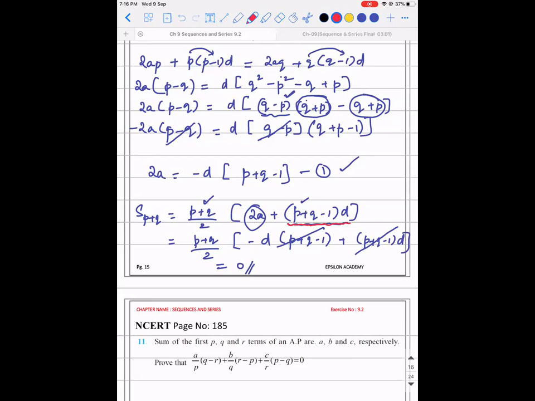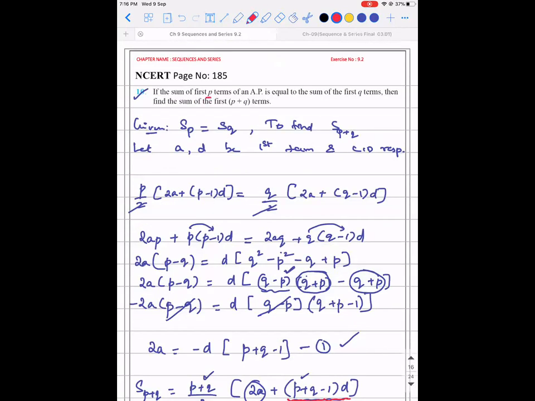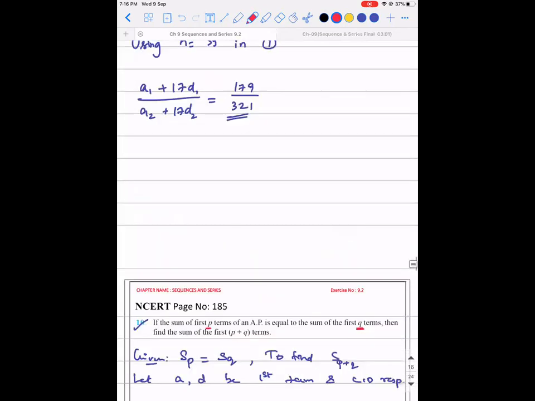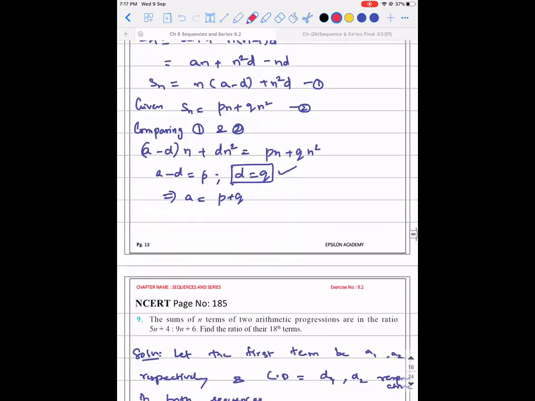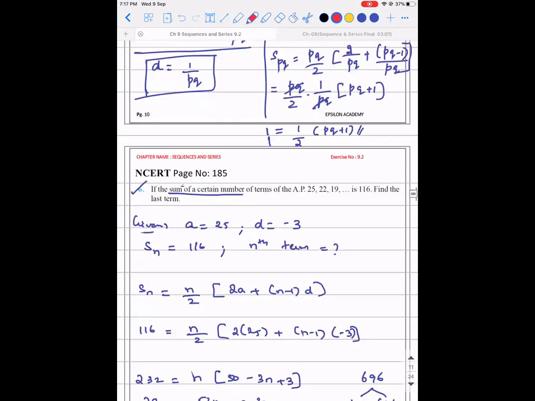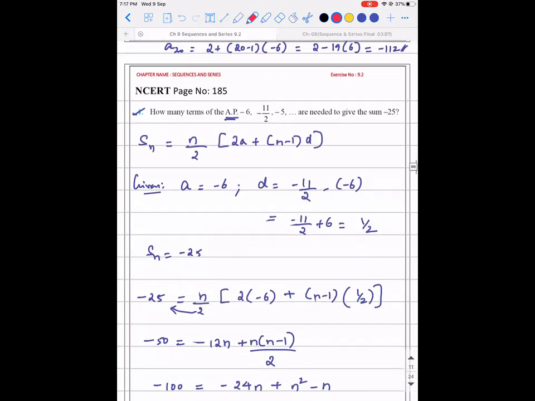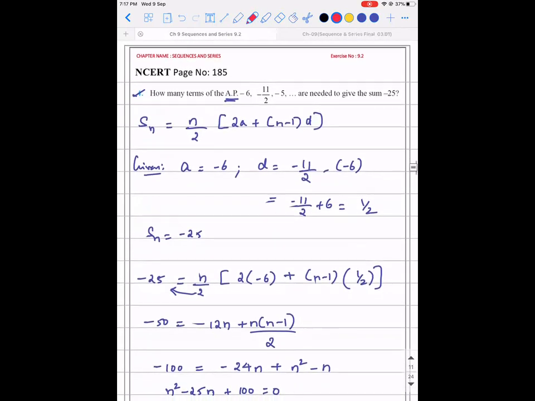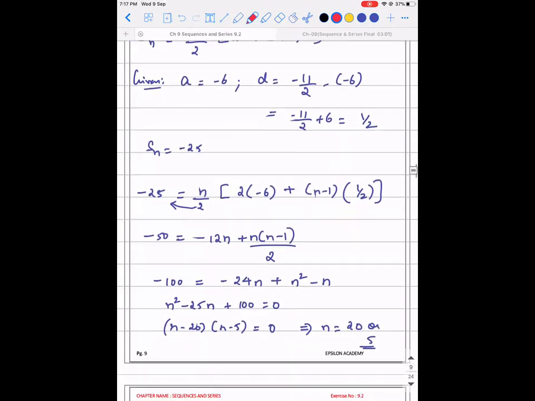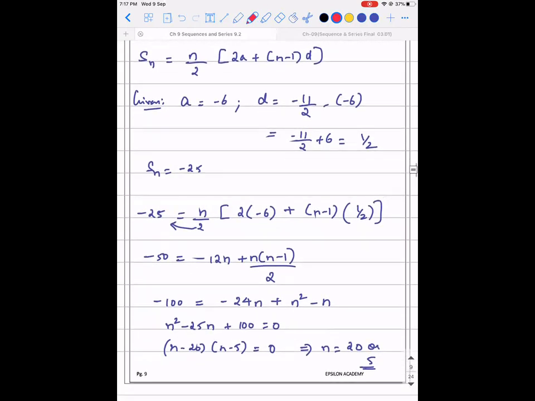Okay. So what you can do now is we can actually connect the dots. What did they say? Sum of first p terms is equal to sum of first q terms. Then find the sum of p plus q terms. If you observe, it is similar to this problem.